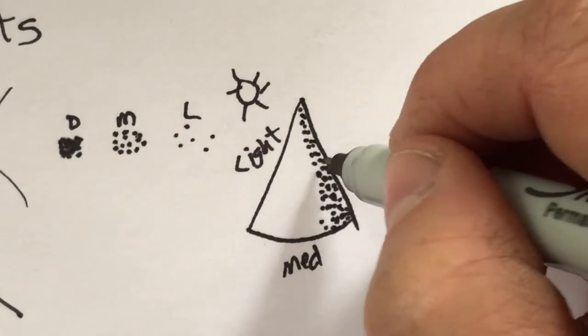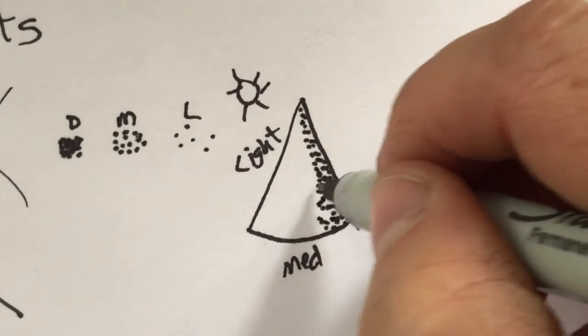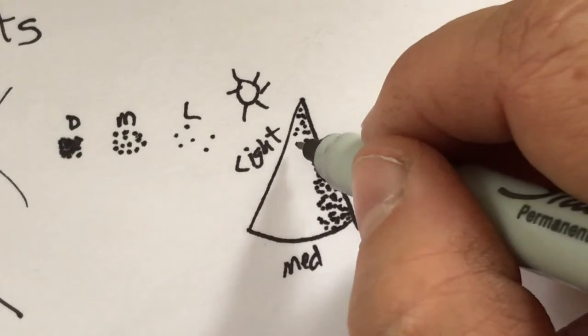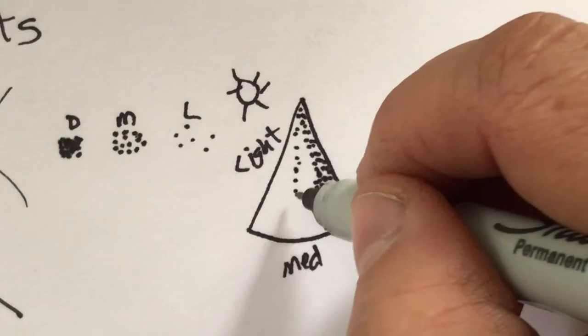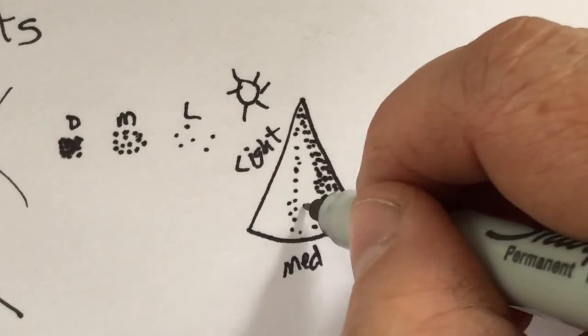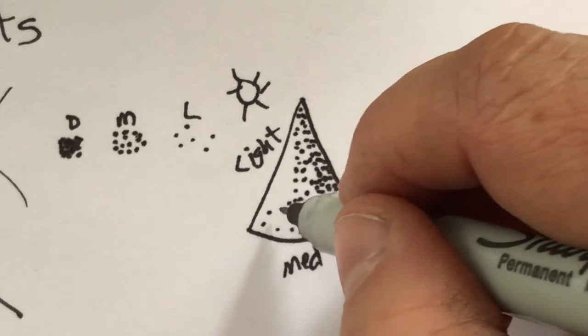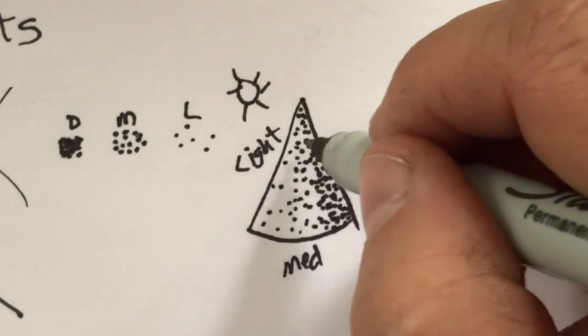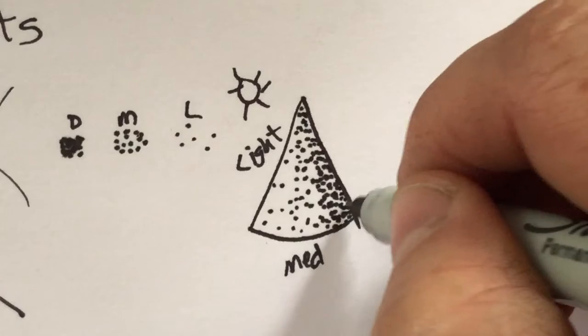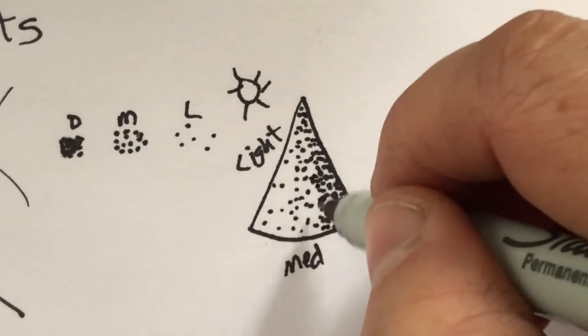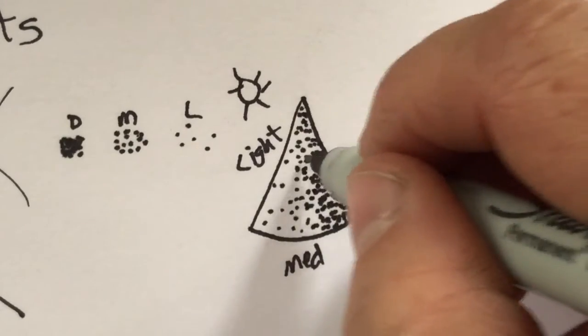So my darkest dark, dots are close together. When I start my medium, I'm going to separate them a little bit. And then my light is going to be very, very few. So I want to make sure that there's a difference between my dark and my medium and my light.